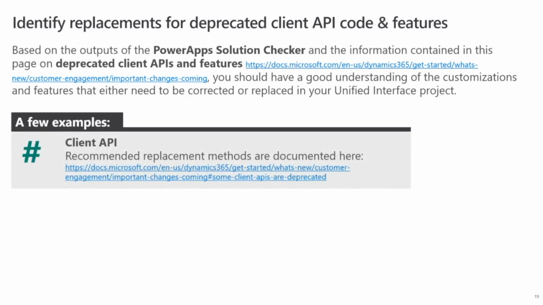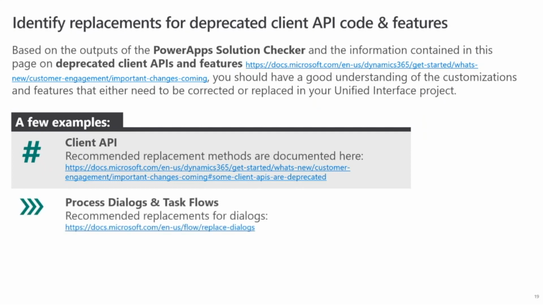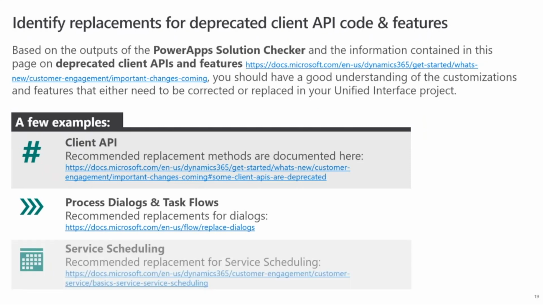I'll give you a few examples. Client APIs. So we've already listed a list of client APIs that were deprecated with recommended replacement methods in this article. We also have recommendations to replace dialogues as they have been retired, deprecated, and do not work in unified interface.